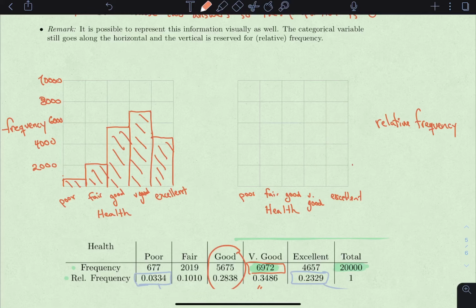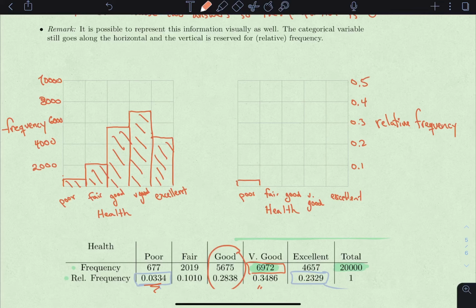And just like we gave ourselves some extra room on the frequency, we can give ourselves all the way up to 0.5. The poor is at 0.03, poor health. So it's about a third of the way up. So it'll be about right there.